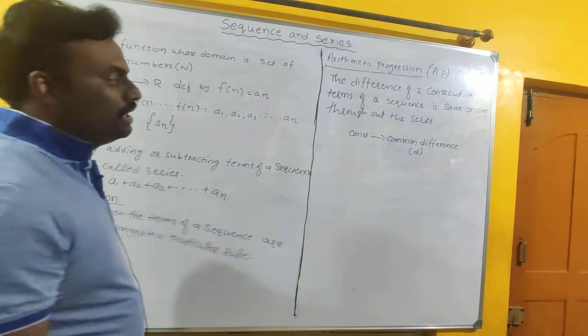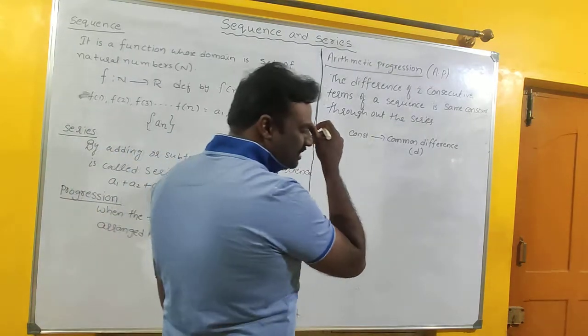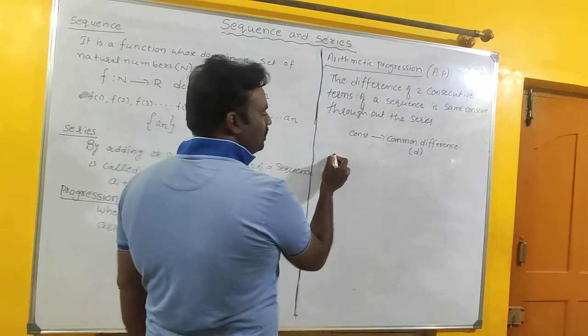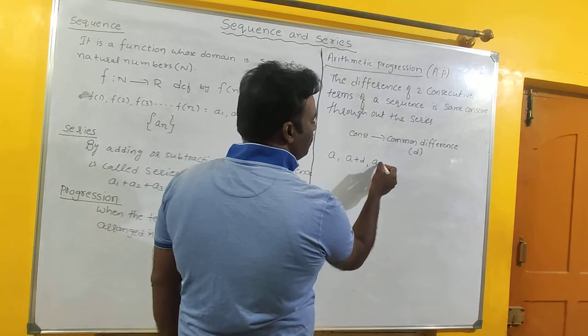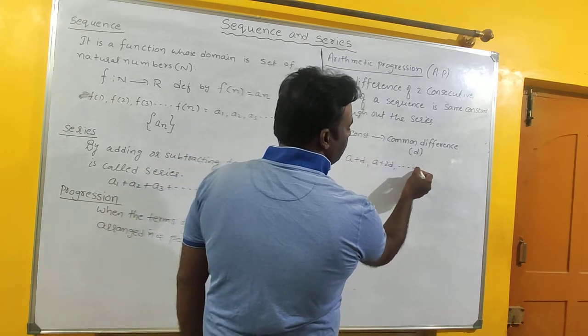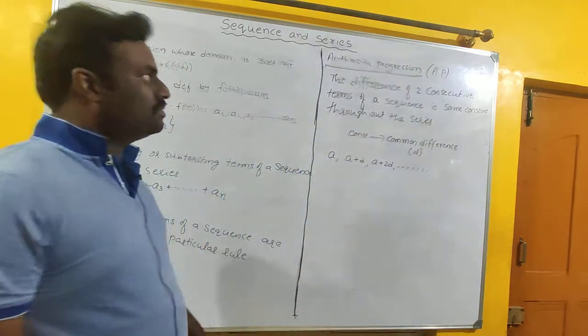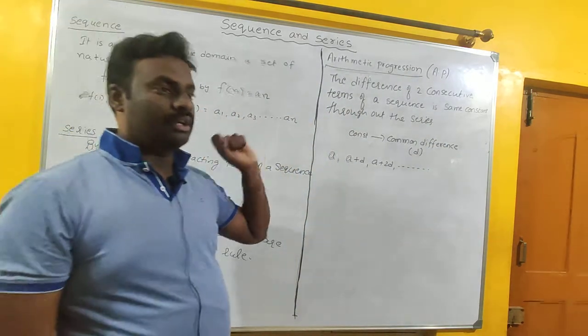Okay. Next, what are the terms in arithmetic progression? The terms are a, a plus d, a plus 2d, and so on. So these are the terms in arithmetic progression.